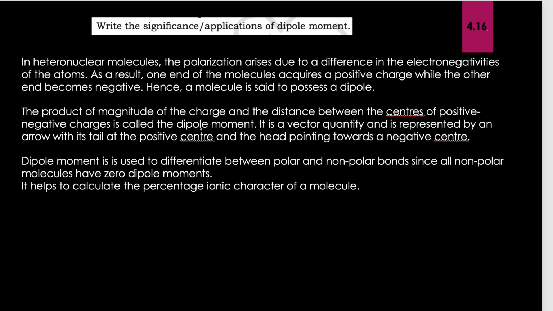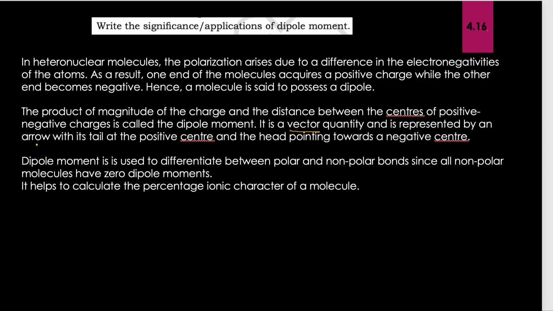I've told this also in the previous video: when we talk about magnitude of the charge, you are talking about the direction in which the charge is going to move and its distance from the centers of those charges. That is called a dipole moment. It is a vector quantity. Why? Because you can talk about the magnitude or the direction of the charge. Therefore, it is called a vector quantity.